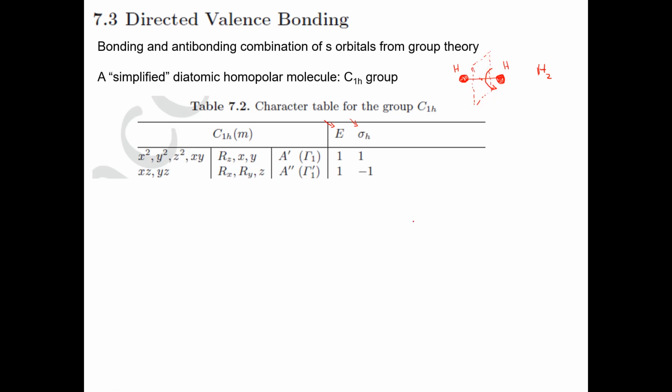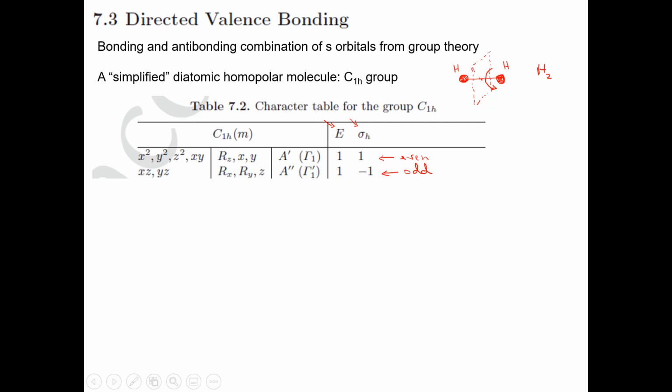All right, so this is the character table of the C1h group. I have two operations and two classes, and also two irreducible representations. There are two different notations for those. One could call them gamma 1 and gamma 1 prime, or A prime and A double prime, and the difference between those is that this one is even under sigma h, and this one is odd under sigma h reflection.